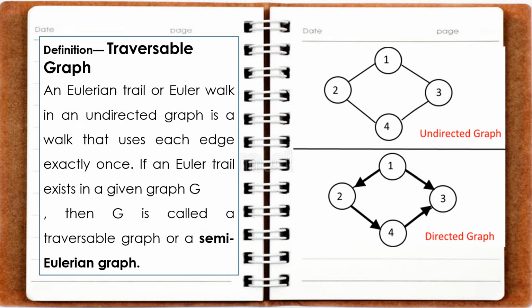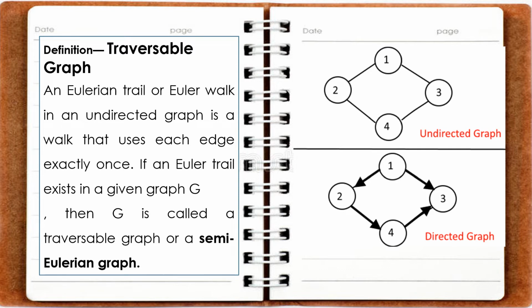When we say undirected graph, there is no specific direction as to which vertex we are going to start from and then go to the next one. So there's no exact direction, unlike for a directed graph, where we have to follow the direction indicated by the arrow. So in this case, from vertex 1, we have to go either to 3 or to 2.